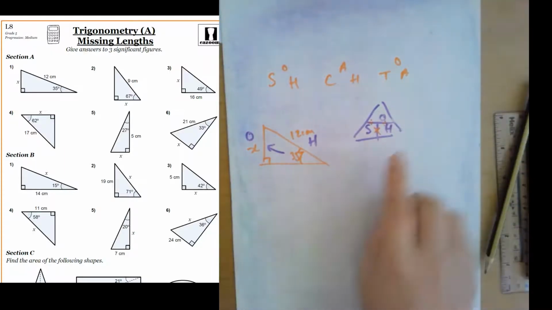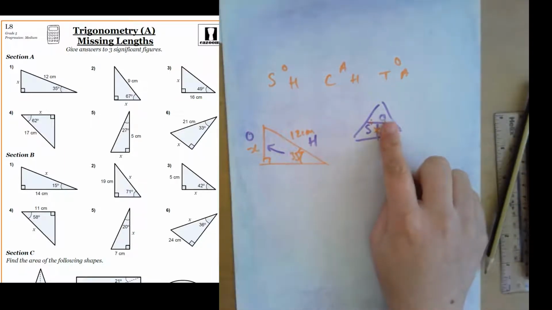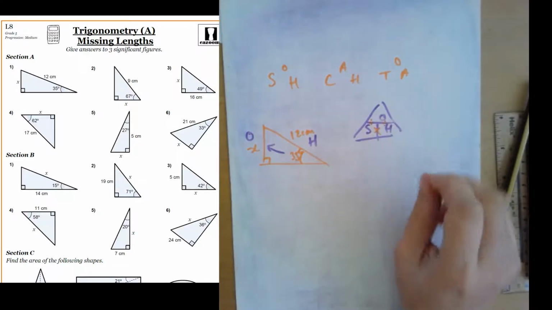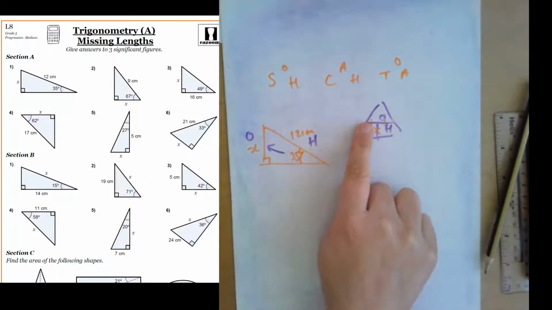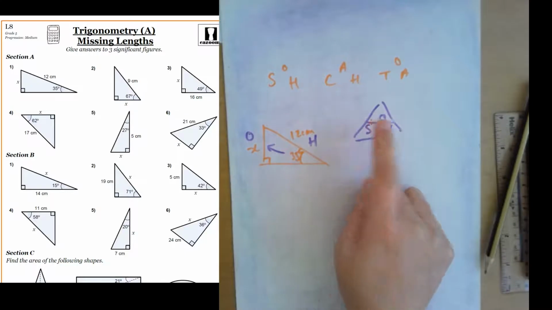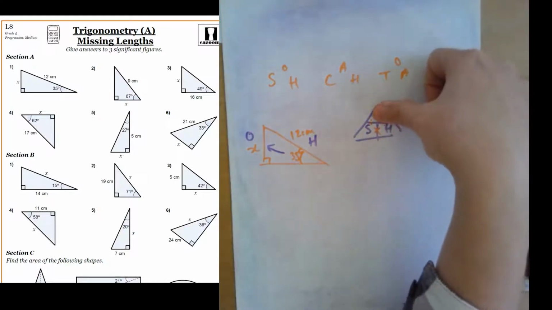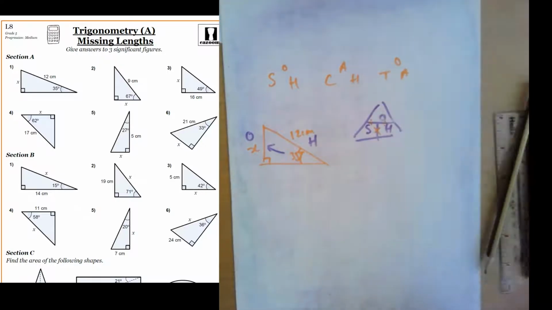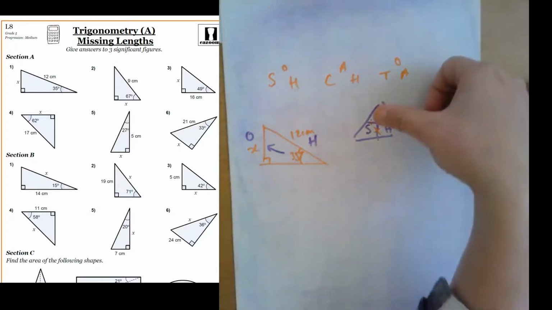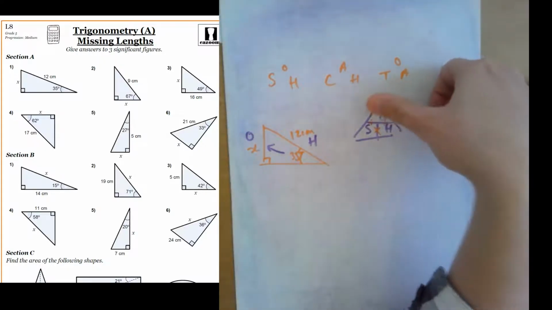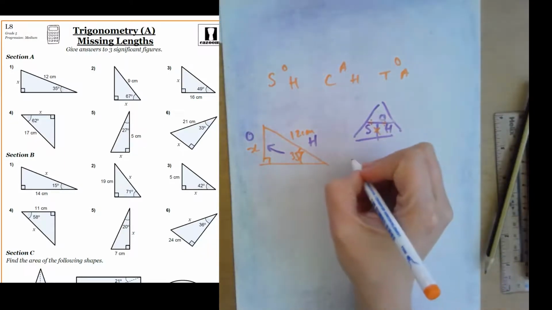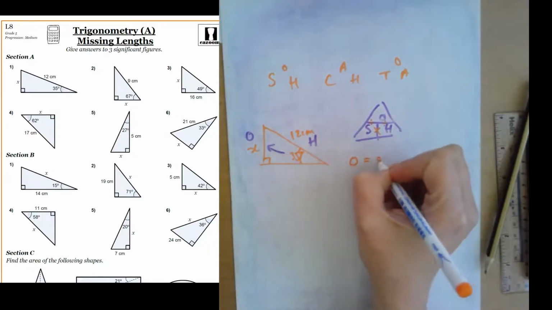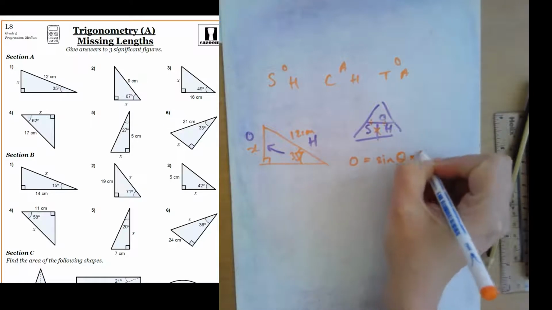So if I was trying to find the hypotenuse, it's O divided by S. If I'm trying to do something with the sine, then it's O divided by H. And if I'm trying to find the opposite, it's sine multiplied by the hypotenuse. So in this case, we are trying to find the opposite, so it will be sine times the hypotenuse. So I'm going to say O equals sine theta times the hypotenuse.